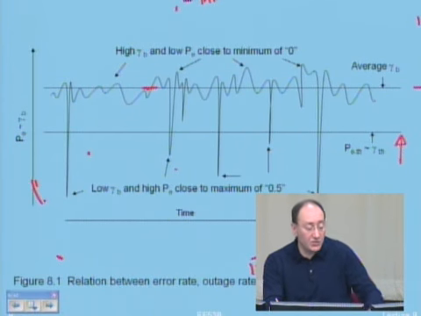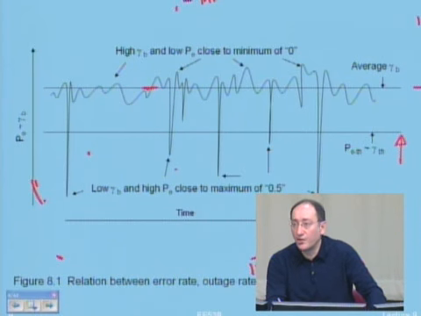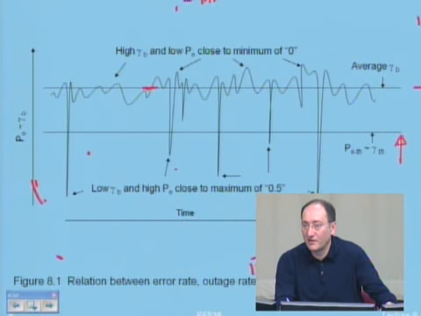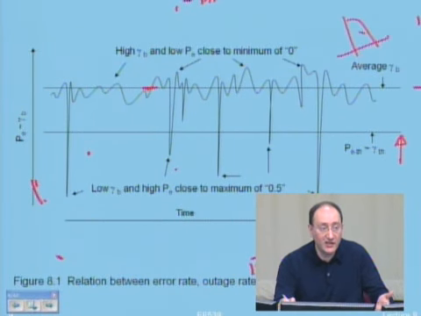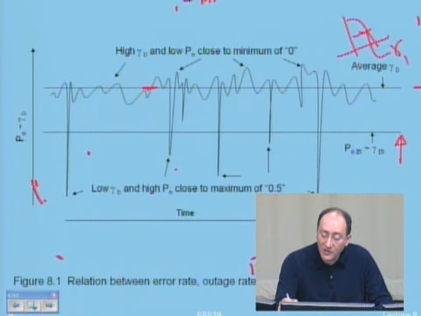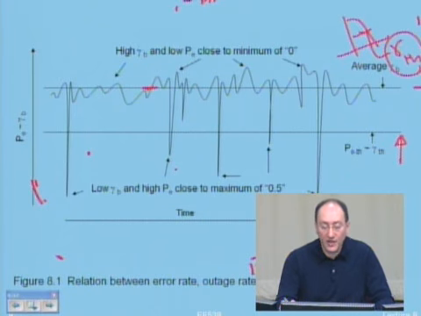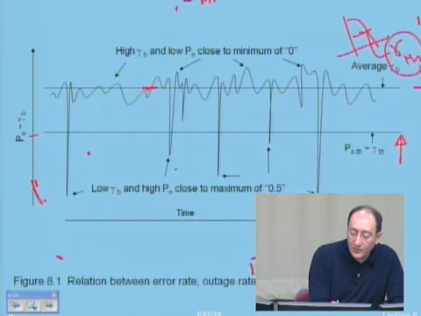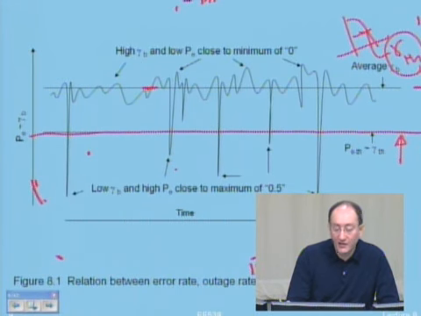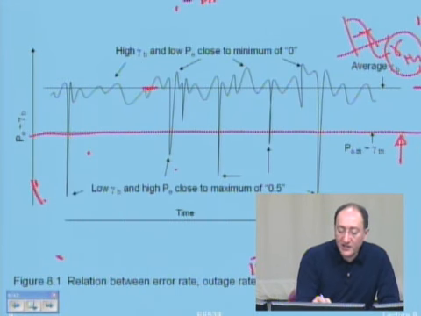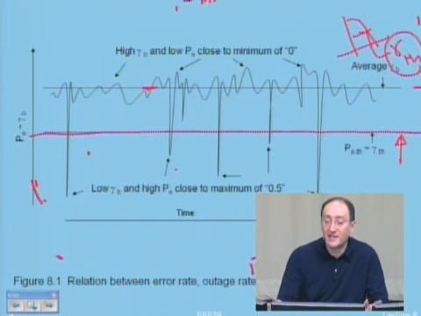My customer comes to me and says that I don't want error rates worse than 10 to the minus 5. Then I go to that waterfall curve for the modulation technique, and I say for 10 to the minus 5, this is the gamma threshold. This is the signal to noise ratio that you need. Okay? So I put that threshold in here.